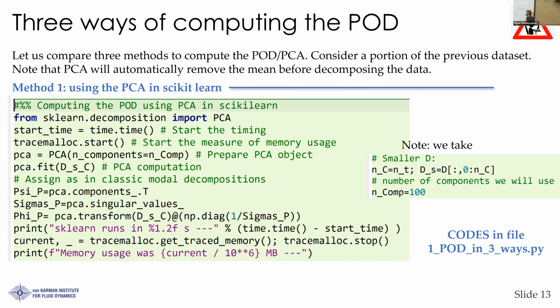When I say remove the mean, I mean that taking your matrix D, where you have all your snapshots like that, it will compute the mean flow, so the mean field, so the mean by rows. It will give me the average snapshot, and will remove the average snapshot from all the columns. This is by default going to be done by PCA. Okay.